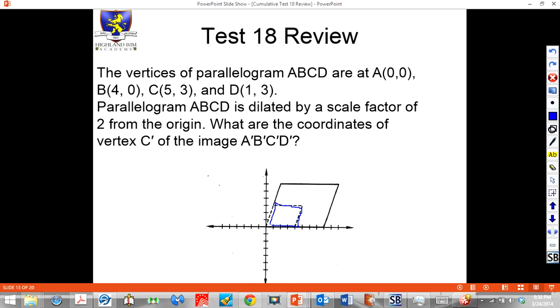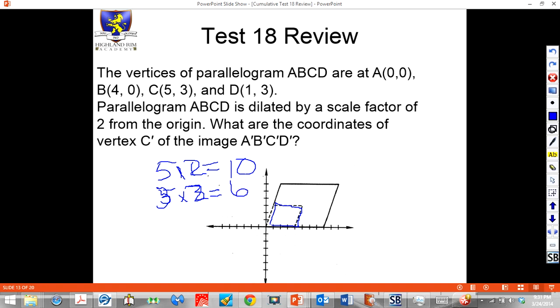In the case of C, which is 5, 3, and that's what we're asking for, C prime is just multiplying everything. So 5 times 2 is 10. And 3 times 2 is equal to 6.